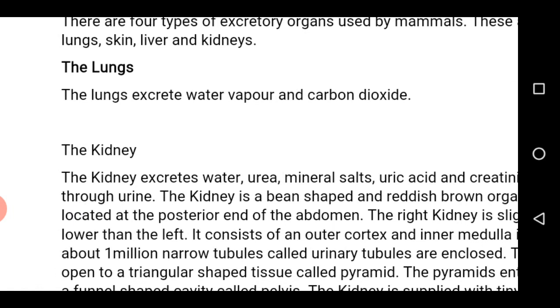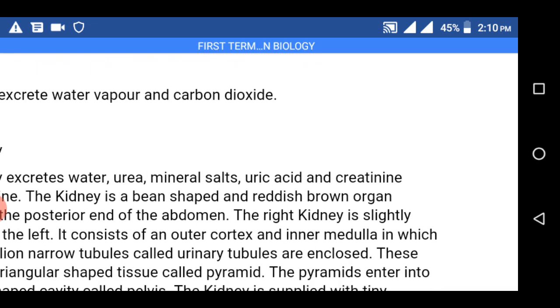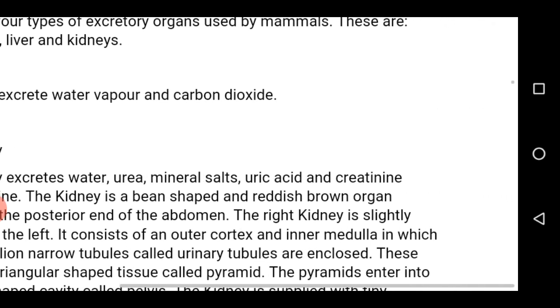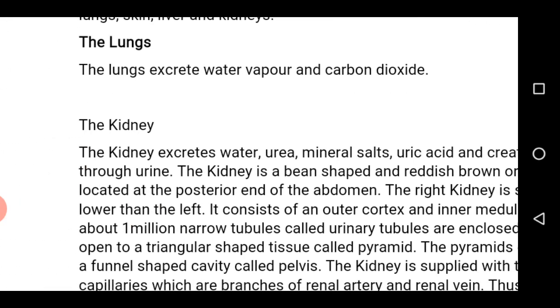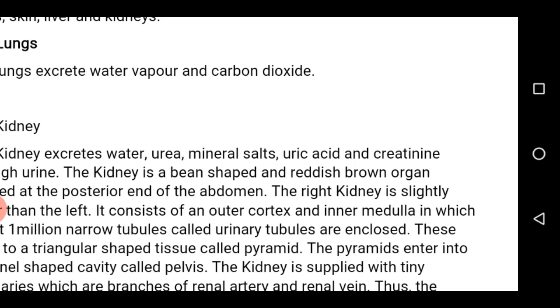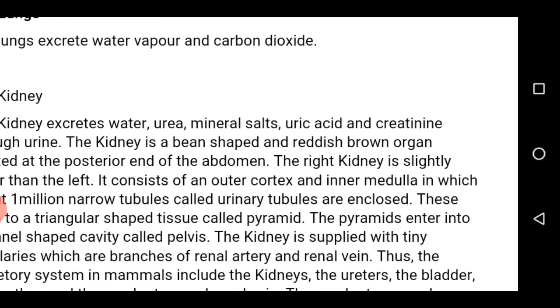This kidney is a bean-shaped reddish-brown organ located at the posterior end of the abdomen. The right kidney is slightly lower than the left. The kidney consists of an outer cortex and inner medulla, in which millions of narrow tubules called urinary tubules are enclosed.